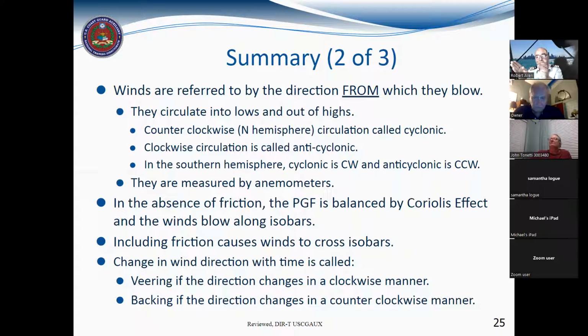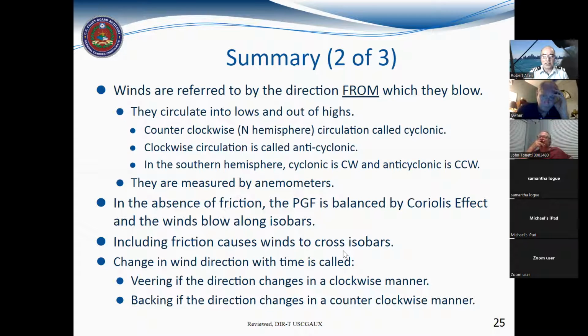However, the pressure gradient force wants to push it the opposite way, to the left, and so that wind blows along your isobars at the surface. Once you include friction, it causes the wind to blow slightly across the isobars.